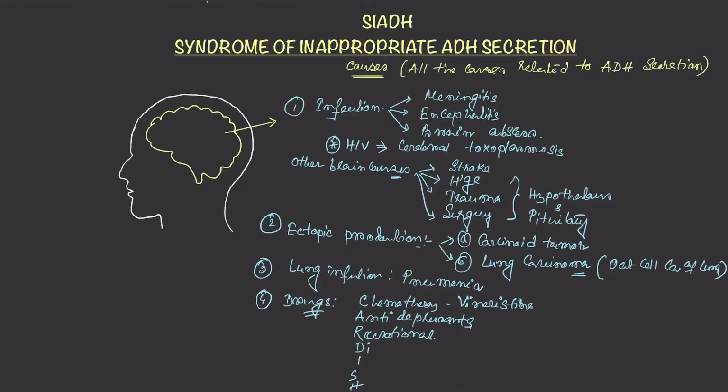R for recreational drugs. D for diuretics. I for inhibitors, that is ACE inhibitors and SSRI. S for sulfonylureas, and H for hormone, that is desmopressin, a synthetic analog of ADH.